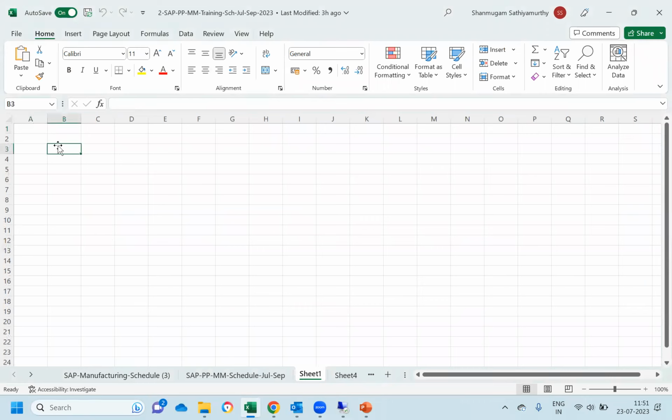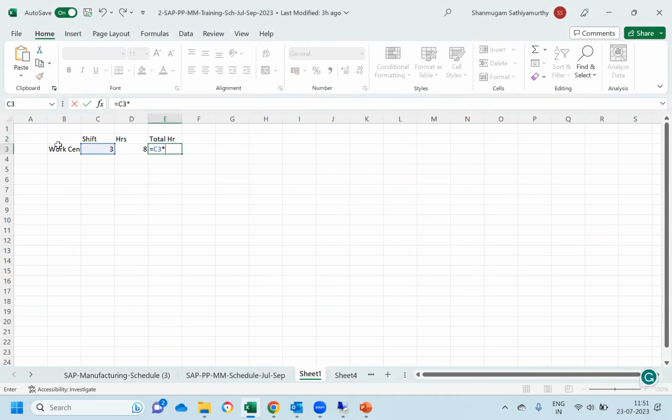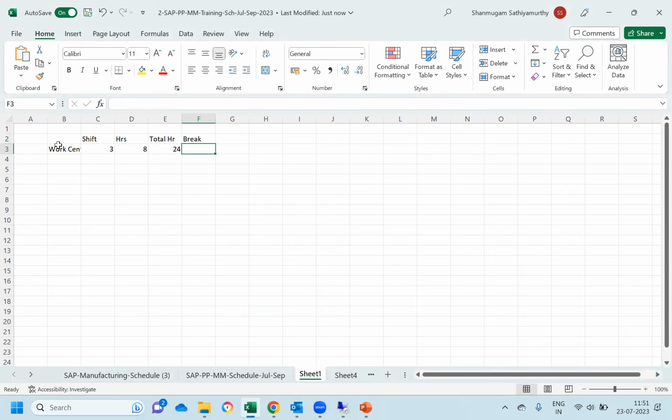Now, for example, there is a work center. Here I have 3 shifts, with 8 hours each. So the total hours is 3 into 8, 24. But the break, as I told, is 15 plus 15 plus 30 minutes, which is 1 hour for each shift, which means 1 into 3.